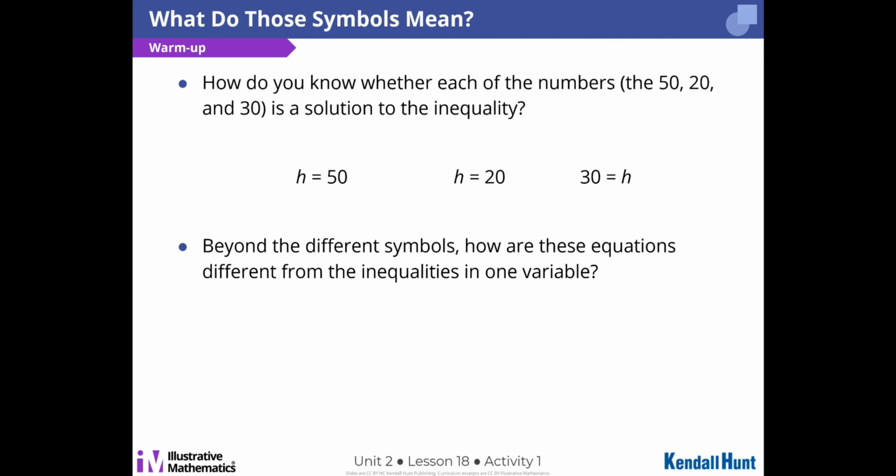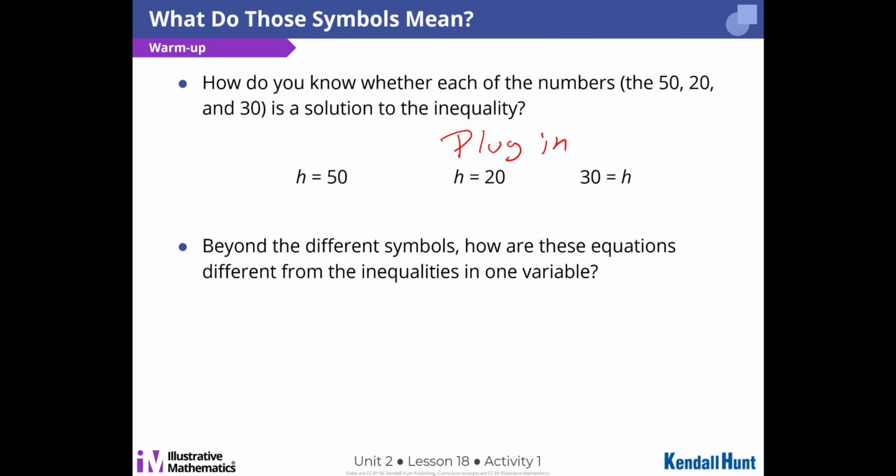How do you know whether each of these numbers, the 50, the 20, and the 30, is a solution to the inequality? h equals 50, h equals 20, and 30 equals h. Beyond the different symbols, how are these equations different from inequalities in one variable? Those are some things we can think about. In addition to the questions for the warm-up, to know whether they're a solution to an inequality, just plug them in.